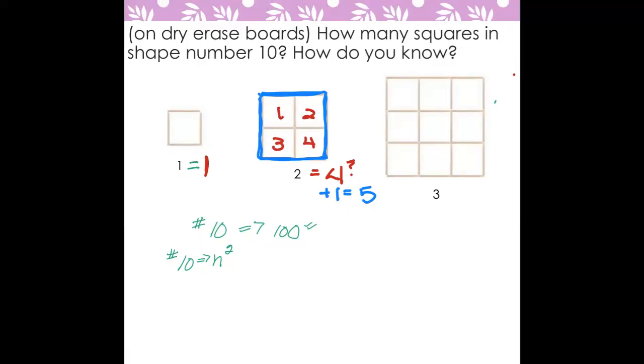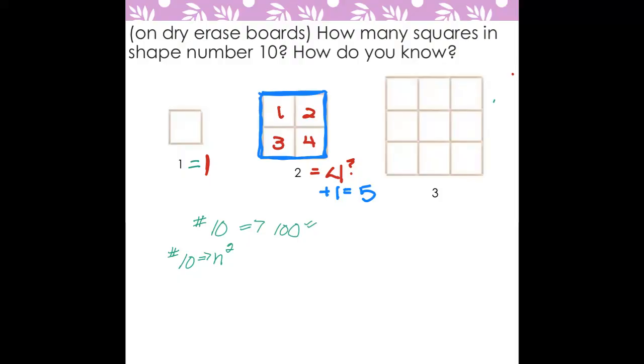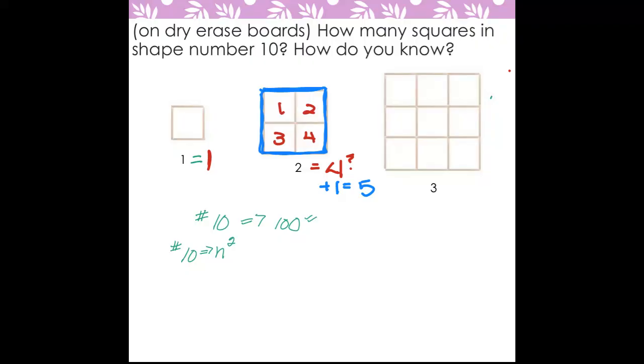And it says how many squares in shape number 10. This is where my overthinking comes in, because I'm not sure what they intended. But let's take a look at 3. So in number 3, if we look at each one individually, 1, 2, 3, 4, 5, 6, 7, 8, 9.